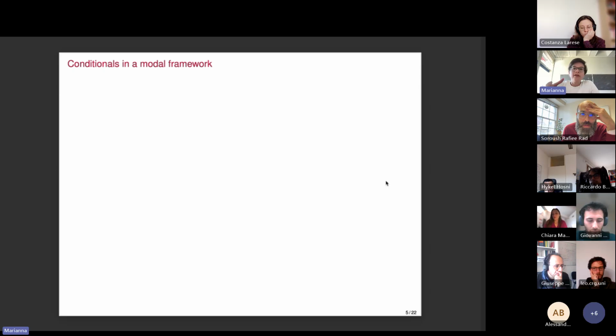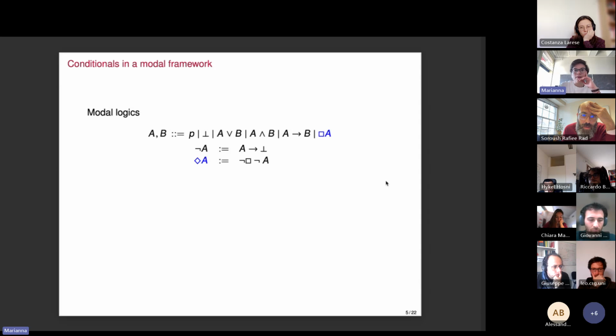It's a well-developed field, and there are a lot of ideas that we can then hope to use in the framework of conditional logics. So in what sense are conditionals modal operators? Well, I'm sure you're familiar with classical modal logic, where you just take a propositional language and then you add in your modal operator, the box. And then, of course, you can also define the diamond.